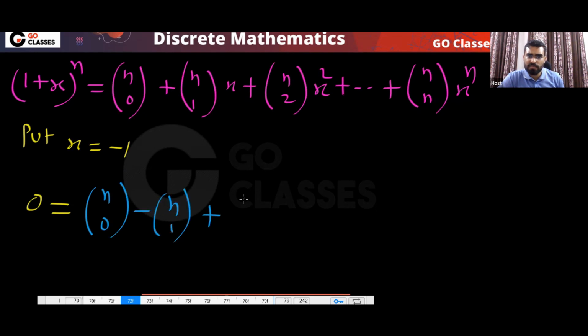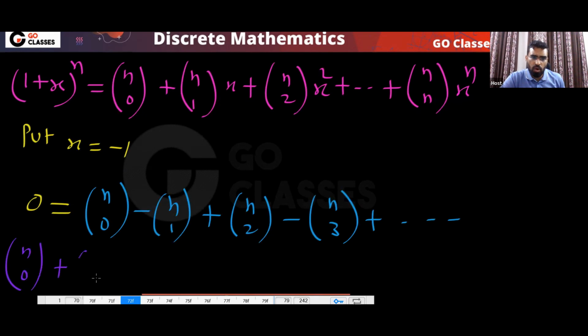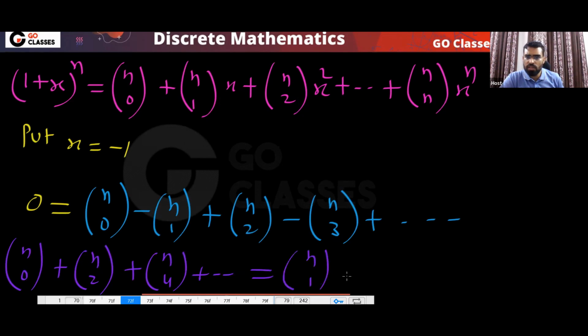So this will be like this: NC0 minus NC1 plus NC2 minus NC3, alternating plus minus. Now what you can do? You can take all the negative terms to this side. So NC0 plus NC2 plus NC4, all the even terms, are equal to all the odd terms. Summation of even terms will be equal to summation of odd terms.